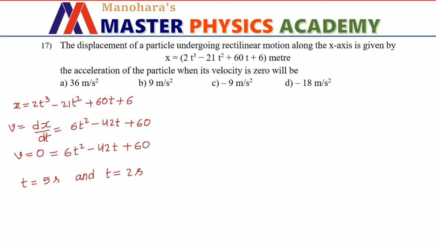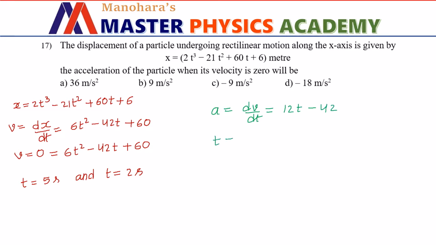Now, let us differentiate velocity with respect to time to get acceleration. Therefore, acceleration is equal to 12t minus 42.